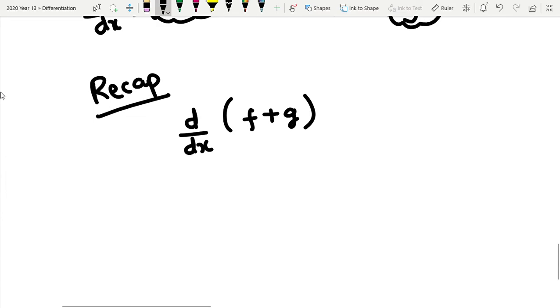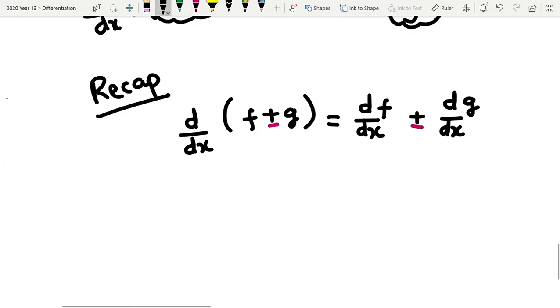Here f and g are 2 different functions. They could be the same, but this is the idea. So df over dx plus dg over dx. This is literally just saying you are differentiating f and g separately. And if I put a negative to it, we'll do it. Yeah, there you go. Nice.